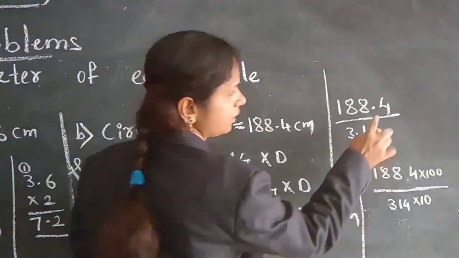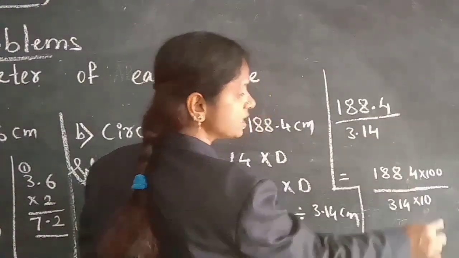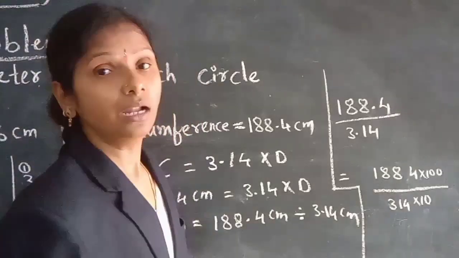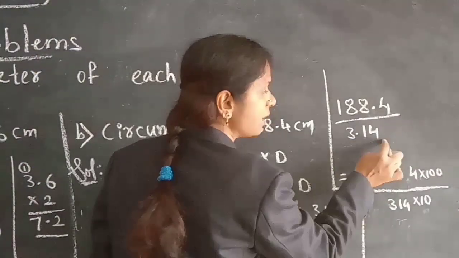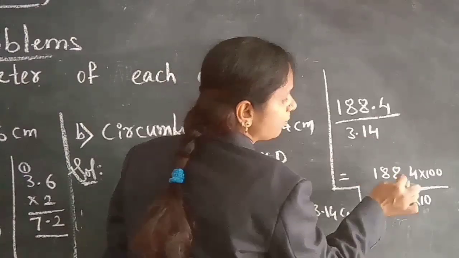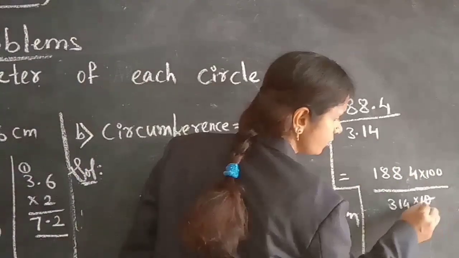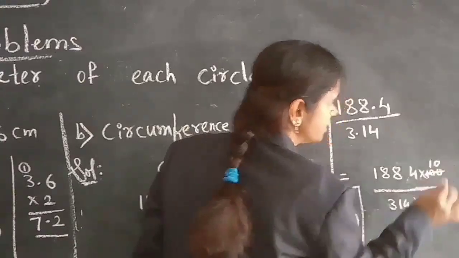Now you see here, 1 digit before the point I am removing, so in the denominator's place I multiplied by 10. And in the denominator I am removing the point from 2 digits, so I am multiplying the numerator by 100. Okay.